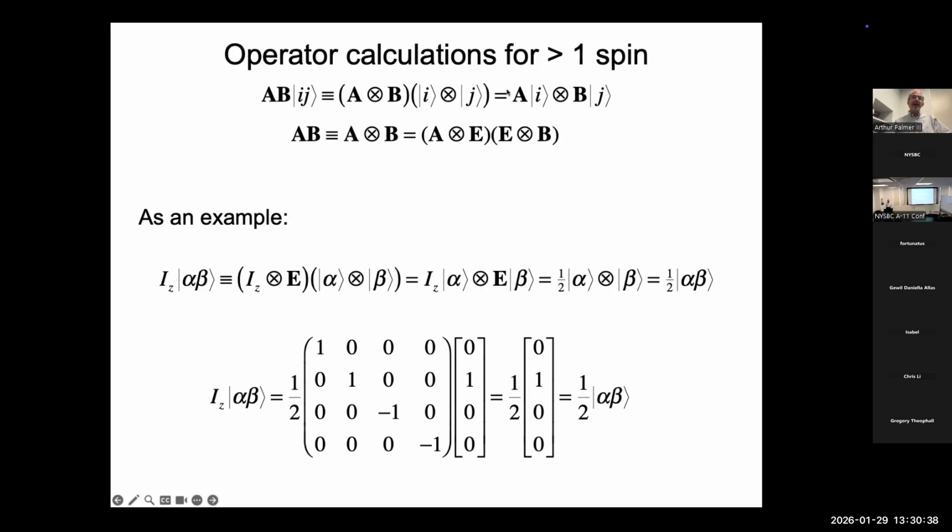So then I just have to operate with the A operator on the I spin wave function and with B on the S spin wave function. So I can kind of take apart. When I write AB, I really mean the direct product of A with B, which will be a big matrix.